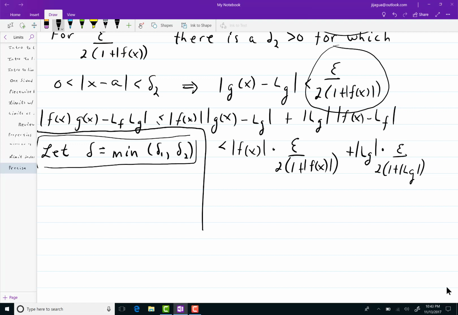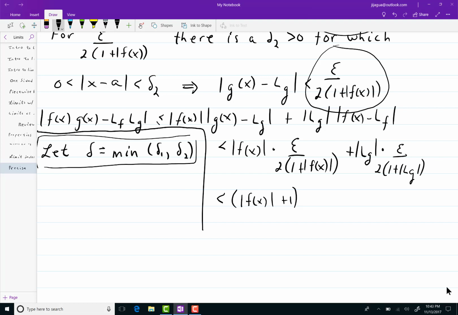So a cool way out of this is the fact that 1 plus the absolute value of f of x is always at least 1. 1 plus the absolute value of Lg is always at least 1. Well, this is not a big deal because I can do one more step here. And notice that this is less than. And now I can do the absolute of f of x plus 1, just like my denominator. So I'm replacing a number with a bigger number.